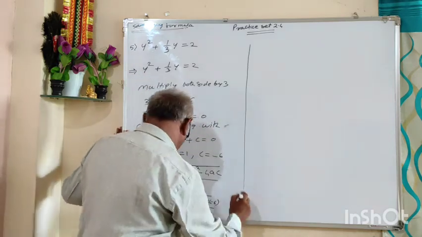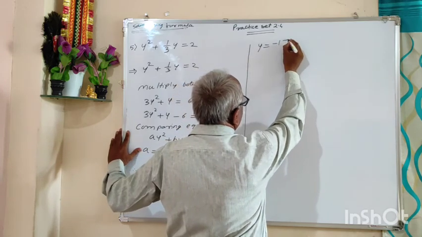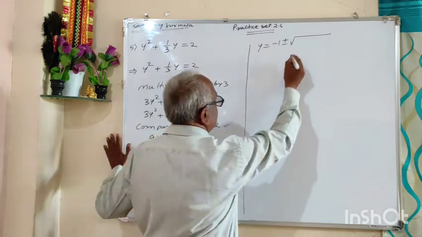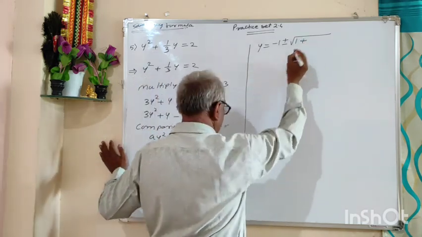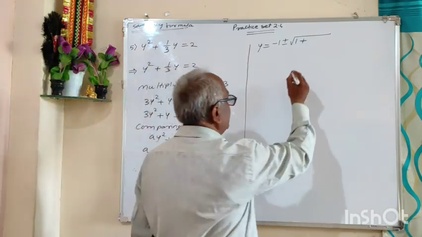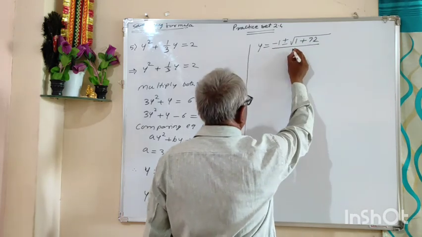Therefore y is equal to minus 1 plus or minus under root 1 square is 1 minus into minus, that is a plus. So 4 3s are 12, 12 6s are 72, upon 6.